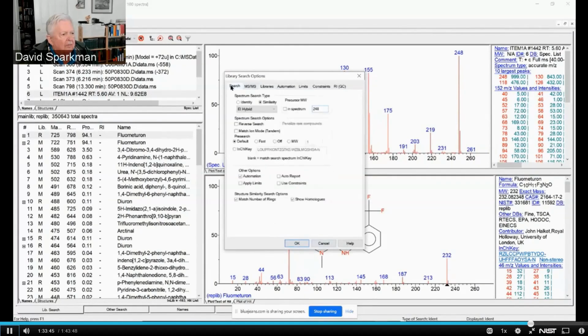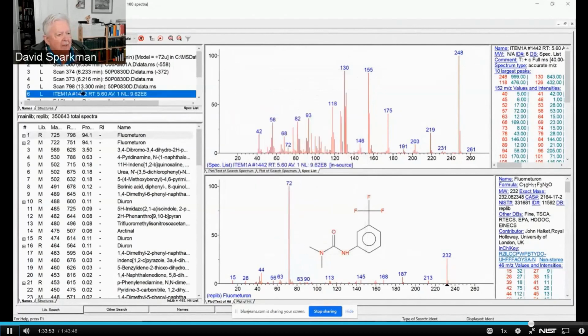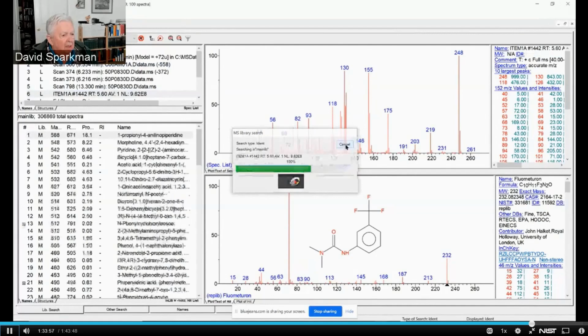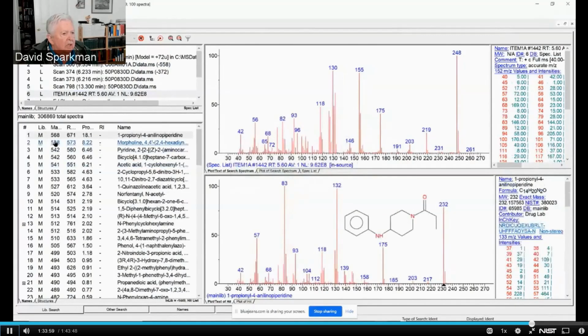First off, I'm going to do a normal identity search for this spectrum. And you see our first hit comes up with 568 as a match factor. The reverse match factor is 671.